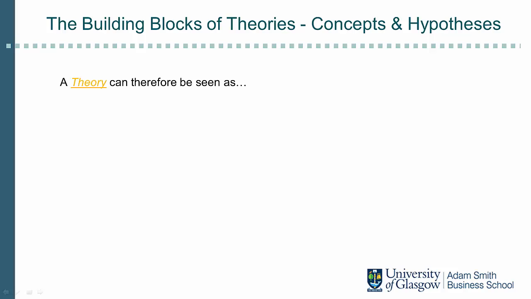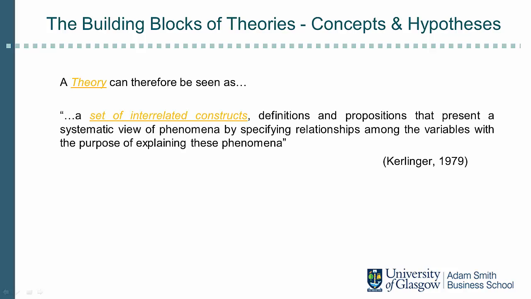A theory can therefore be seen as a set of interrelated constructs, definitions and propositions presenting a systematic view of a phenomenon by specifying the relationships between the variables with the purpose of explaining that phenomenon.